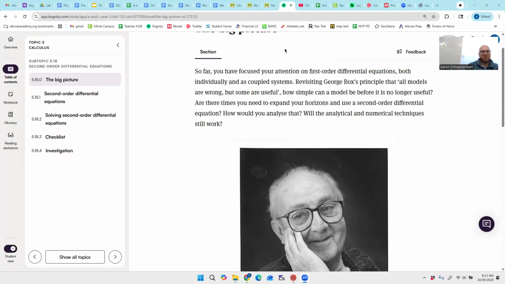Okay, this is a very important TOK connection. This is a TOK thought: all models are wrong, but some are useful. What do you guys think of that? It makes sense. You can't accurately represent everything.